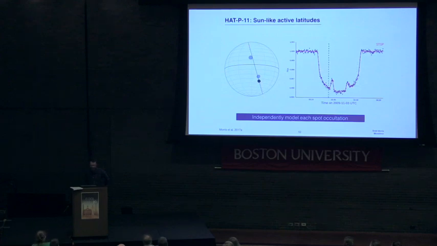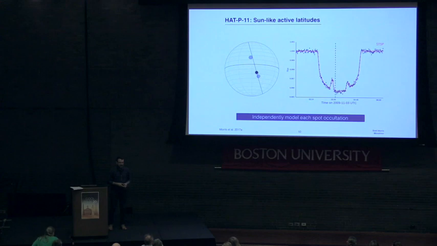So actual data from the Kepler Space Telescope of HAP 11 with 1-minute cadence looks something like this on the right. And on the left is our inferred spot distribution using software called STSP, written by Leslie Hebb and Graham Roan, which models each spot as a circular spot with a fixed contrast, but allows the spot's position and size to vary across the surface of the star in order to best fit a transit light curve.